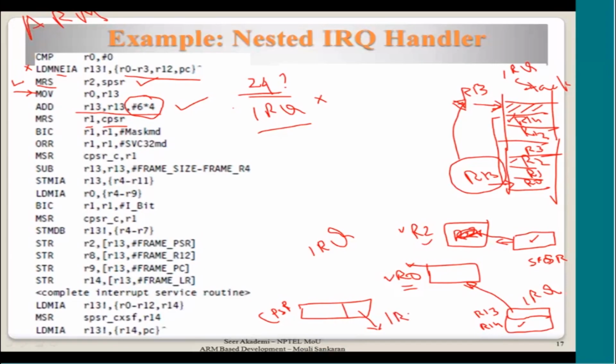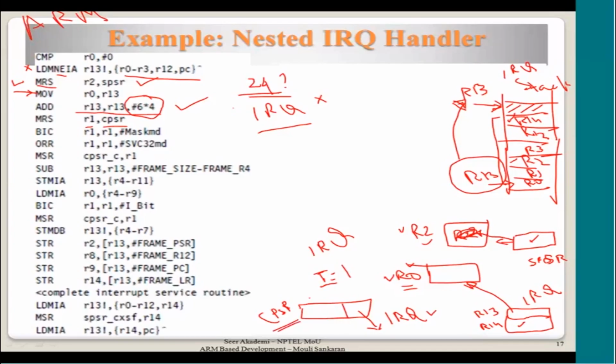So the CPSR mode bits are saying it is in IRQ mode, and the I bit is set, which means IRQ is disabled. I think that is the convention. So this is the state of CPSR now.